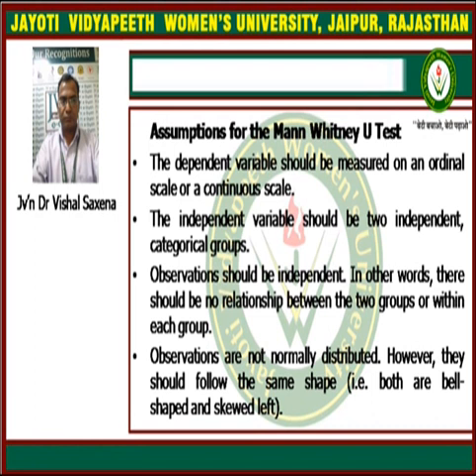Second assumption: the independent variable should be two independent categorical groups. And the third assumption is that observations should be independent. In other words, there should be no relationship between the two groups or within each group. So it means the observations should be independent of each other. This is the third assumption.